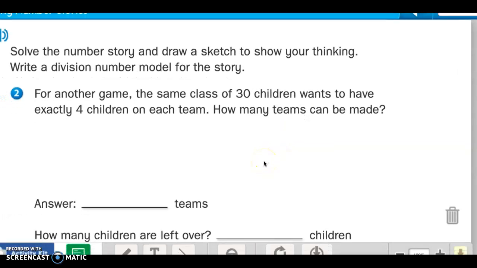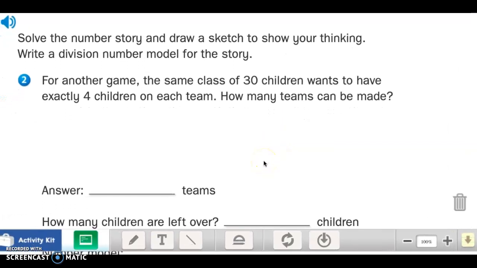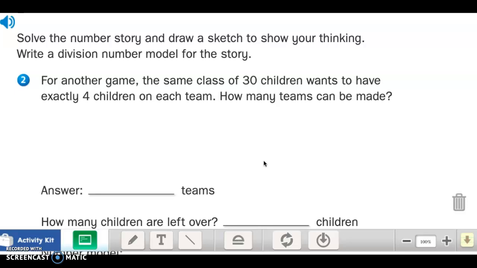Okay, solve the number story and draw a sketch to show your thinking. For another game, the same class of 30 children wants to have exactly 4 children on each team. How many teams can be made? So now we have 30 into 4. So let's see how many we can do.